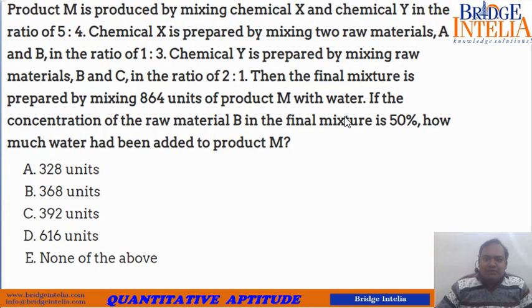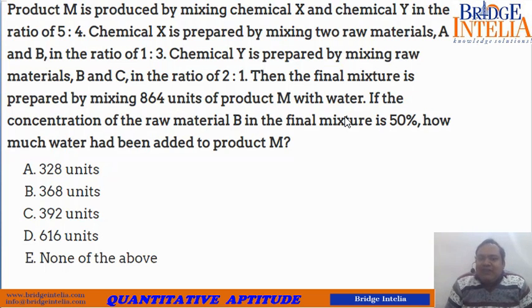So let's have a look at this one. Product M is produced by mixing chemical X and chemical Y in the ratio 5:4. Chemical X is prepared by mixing two raw materials A and B in the ratio 1:3. Chemical Y is prepared by mixing raw materials B and C in the ratio 2:1.